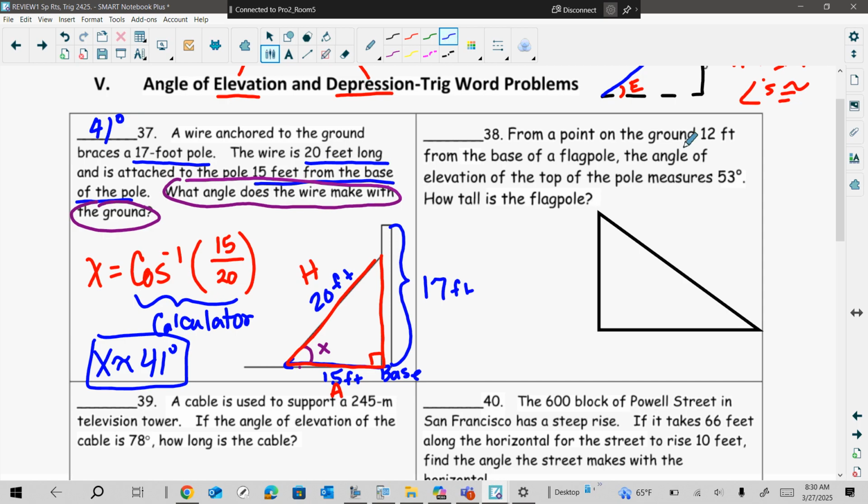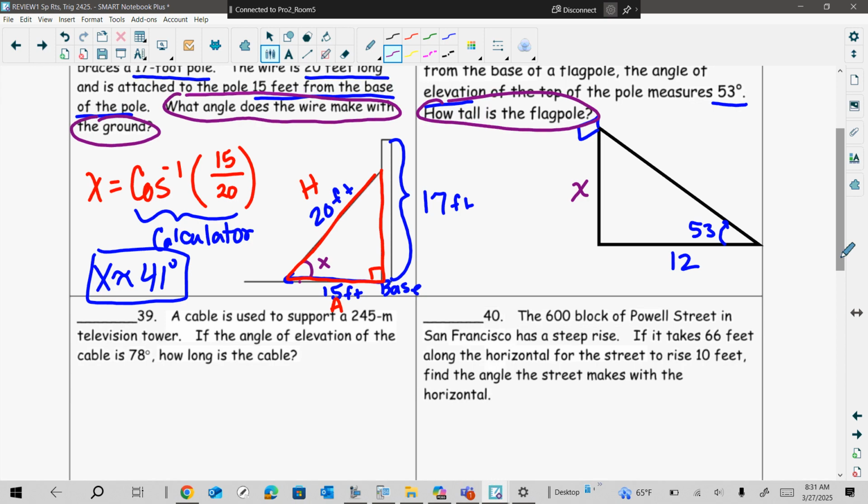So from the point on the ground to the base of the flagpole, this would have to be the actual flag. Base on the ground is here, so that's the 12 feet. Angle of elevation is 53 degrees. The angle is always made with the horizontal. So there's the 53. The question is asking how tall is the flagpole? So that's the vertical distance here.